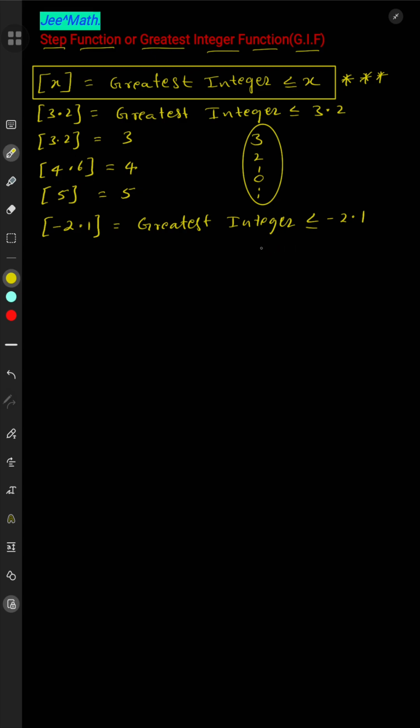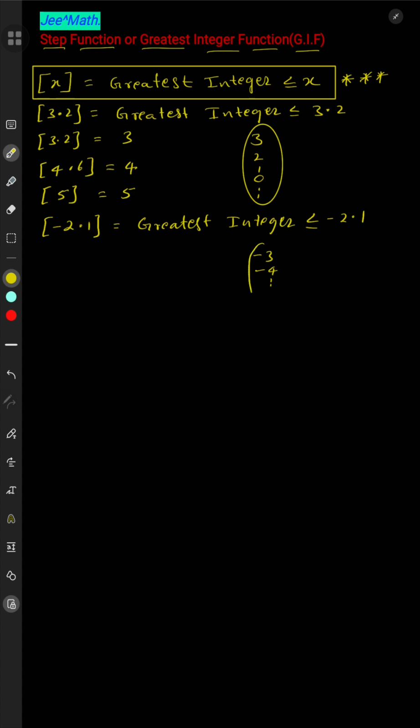So see here, minus 1 is more than minus 2.1. So minus 2 is not the correct one. Minus 3. So see, minus 3 is less than or equal to minus 2.1, a right statement. Minus 4 is also less than minus 2.1, and so on.